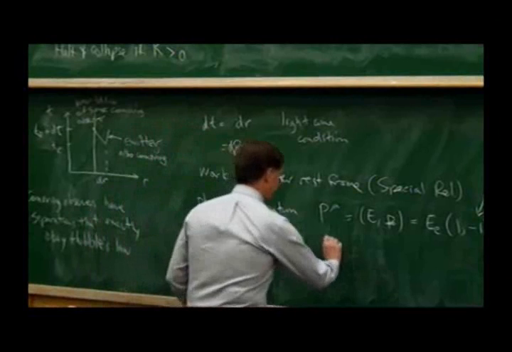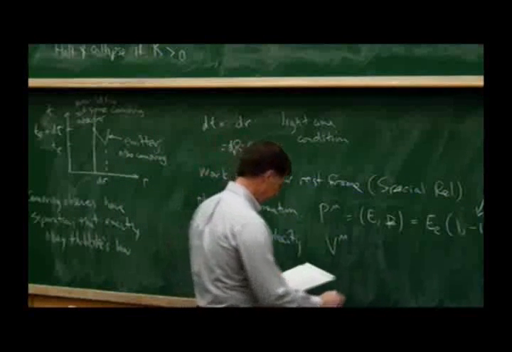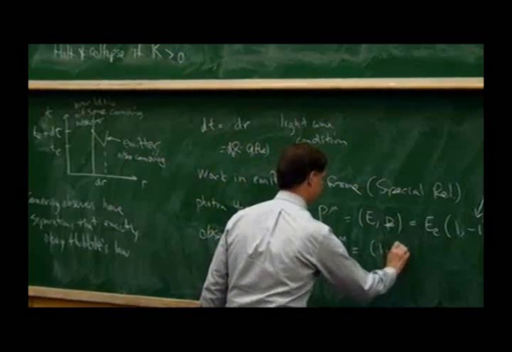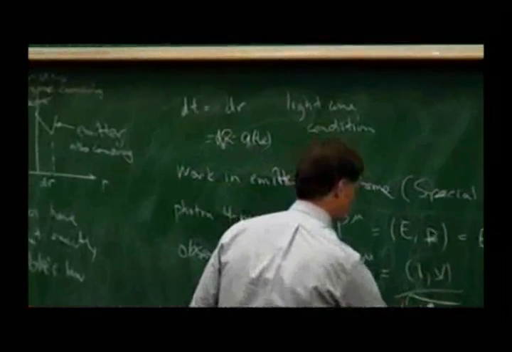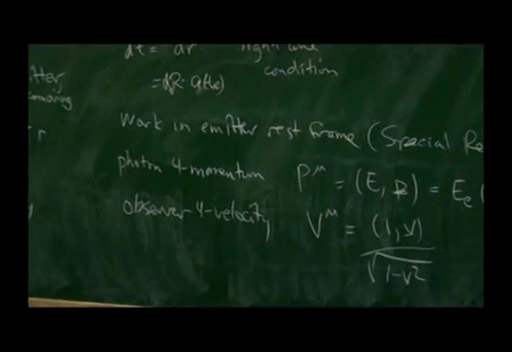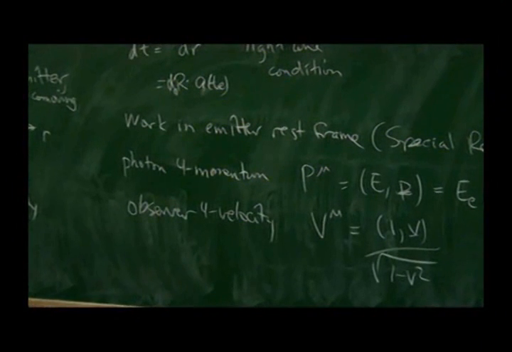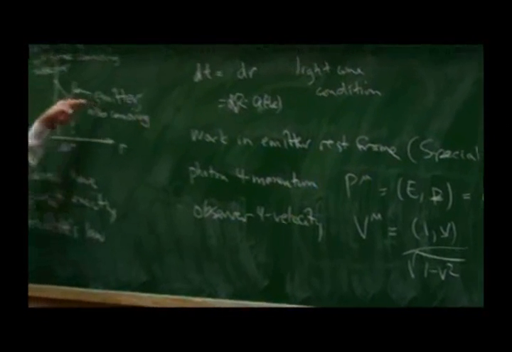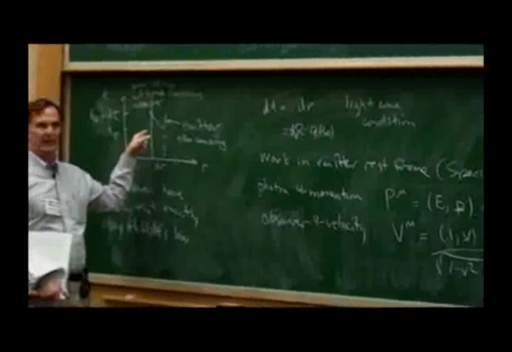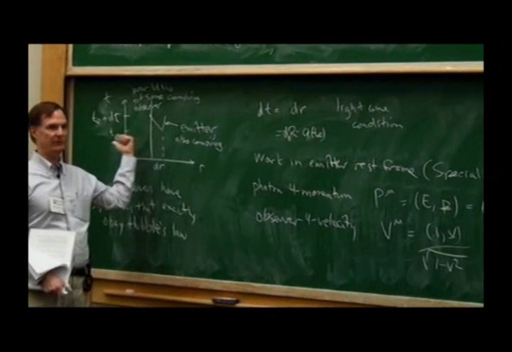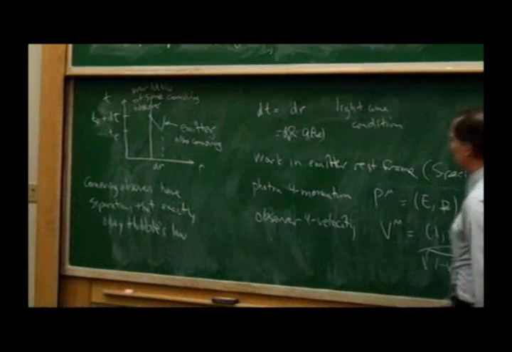And that four-velocity, again, special relativity, setting c equals 1. V is the velocity of the observer relative to the emitter. The emitter is moving to the right as viewed by the observer. That means in the emitter's rest frame, the observer is moving to the left with the same velocity, and that velocity is small.